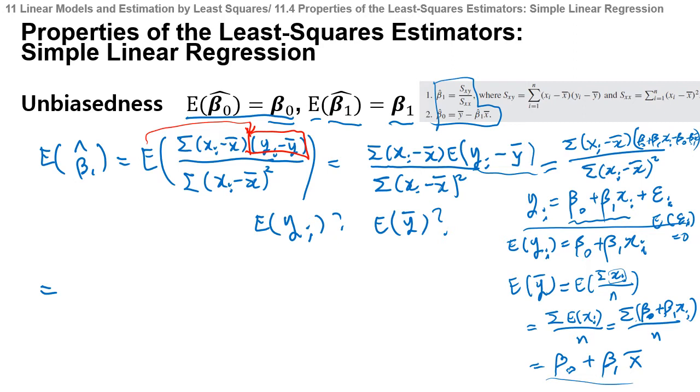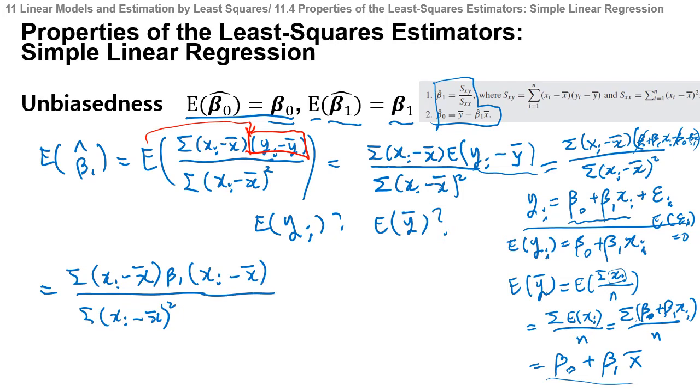We can cancel beta 0, and the result is the sum of xi minus x bar, times beta 1 times xi minus x bar.